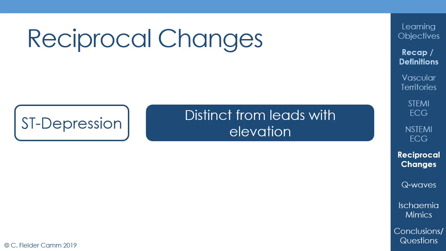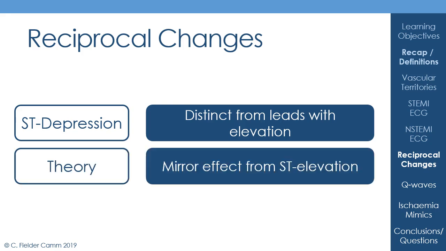For example, you might have ST elevation in the lateral leads around in V5 and V6, and then you might see ST depression in the inferior leads down in 2, 3 and aVF. And essentially the theory is that this is a mirror effect. So those leads are looking through the inferior portion, in this case, through into the lateral aspect of the heart.